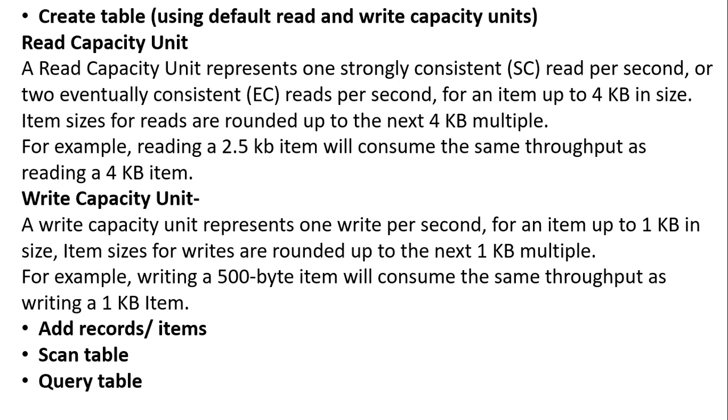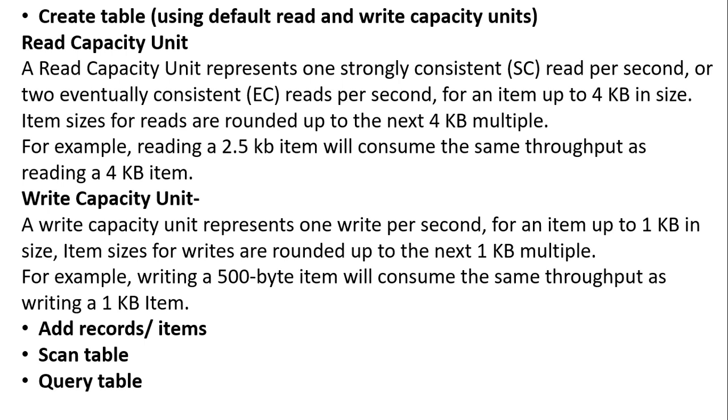If you are reading a 4.5 KB item, it will consume the same throughput as reading an 8 KB item. That means the next multiple of 4 will be calculated. If it is 4.1, the next multiple, that is 8, will be used. For 8.5, the next multiple, 8 plus 4, 12, will be used. So it goes on like that.